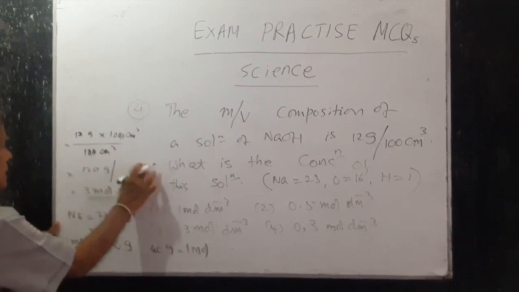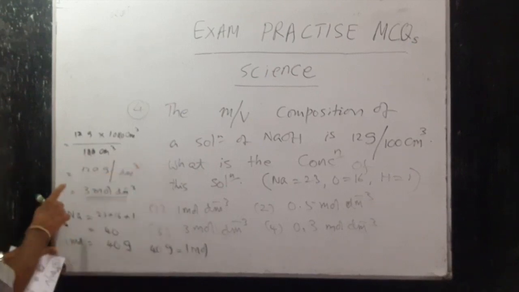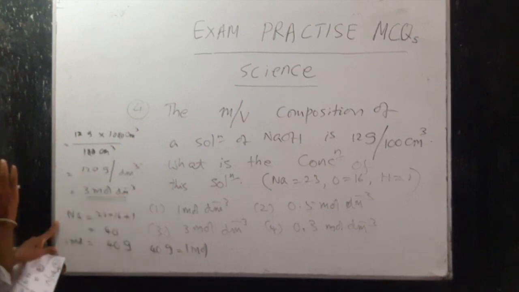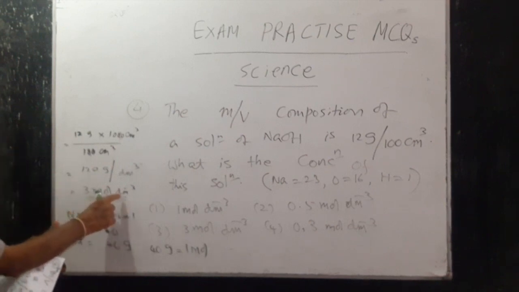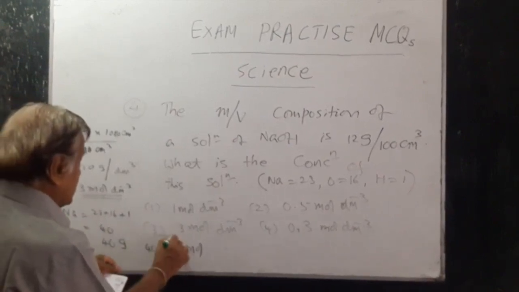Therefore, the answer is 3 moles per cubic decimeter. That is, the concentration of this sodium hydroxide solution is 3 moles per cubic decimeter. This is the answer. Third one.